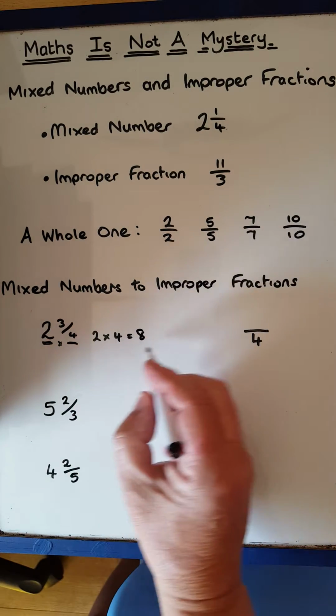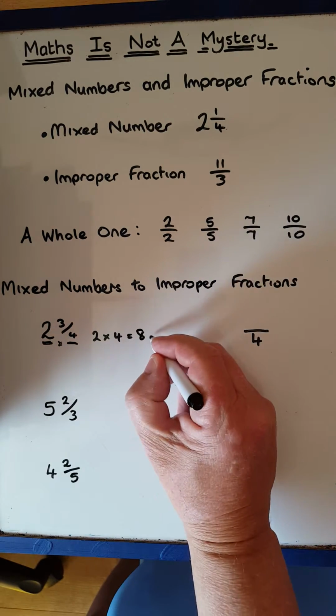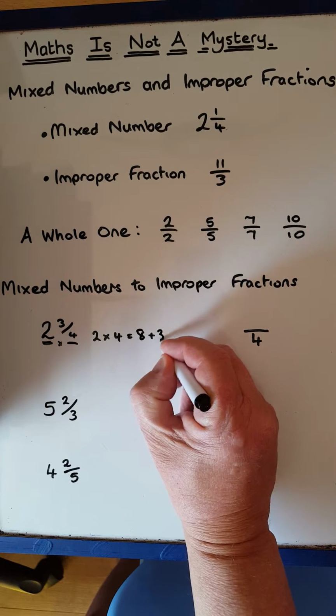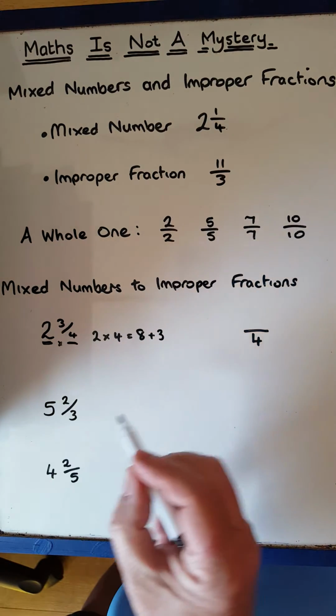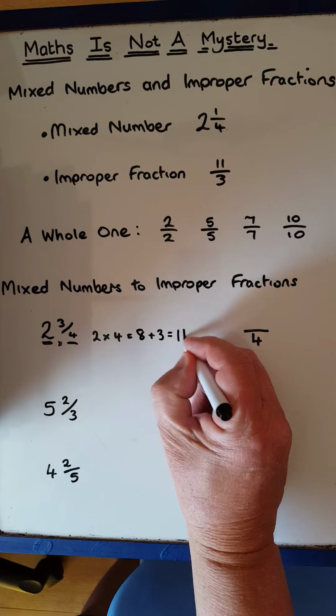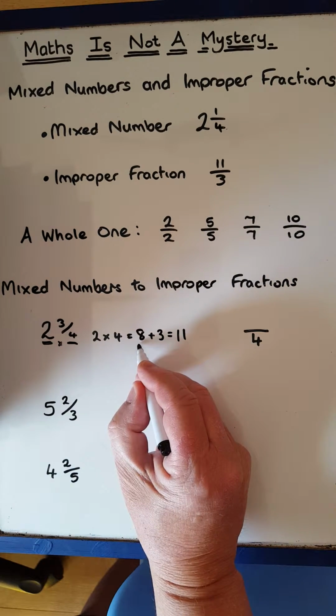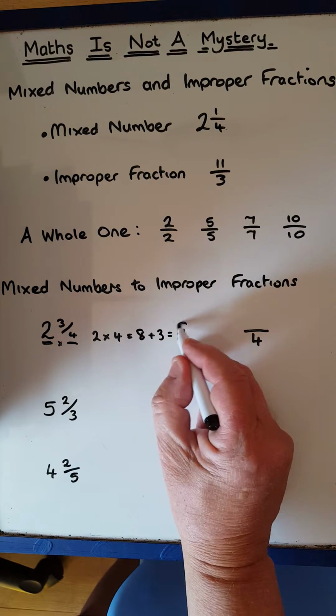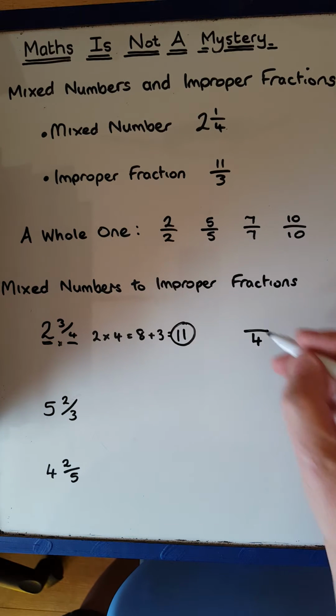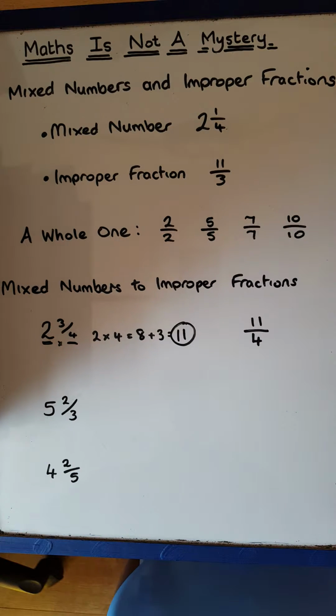And now, because we've got a little bit extra, add the 3. The 3 comes from the top of there. That makes 11. So 2 times 4 makes 8, plus 3 makes 11. And that's the number that's going to go on the top of your improper fraction. And that's it, it's finished. That's all you have to do.